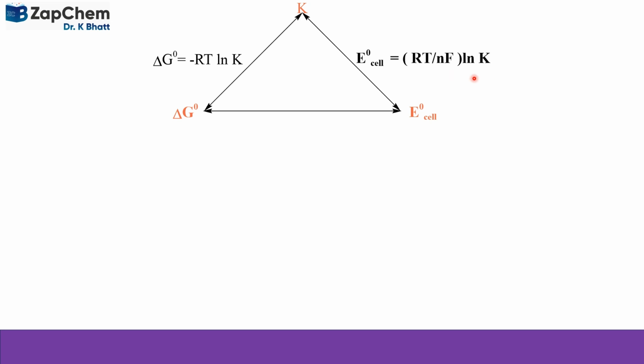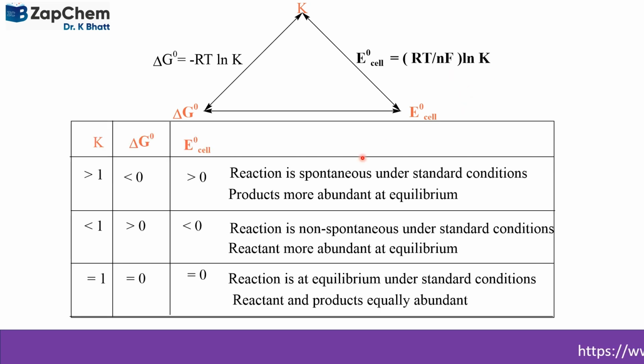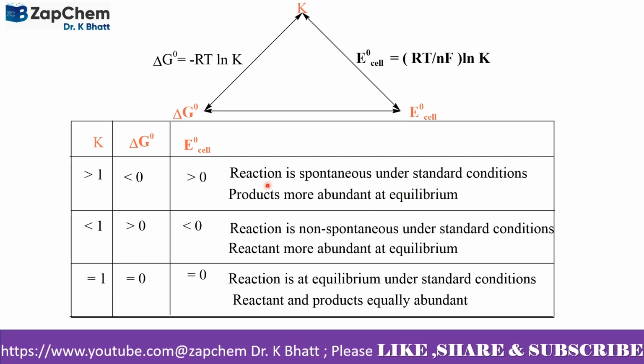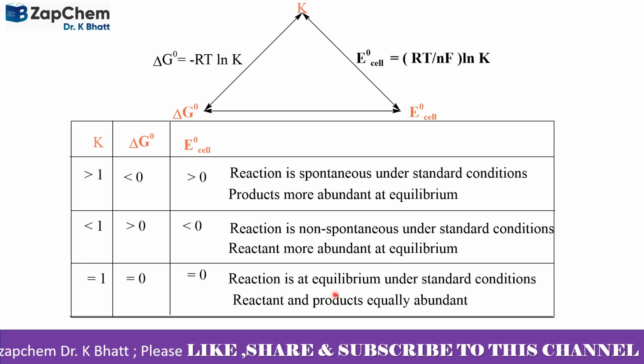And here are the equations we have learned about. And this table, which I have planned for you, is very important. It gives you an idea about the spontaneity of a reaction.